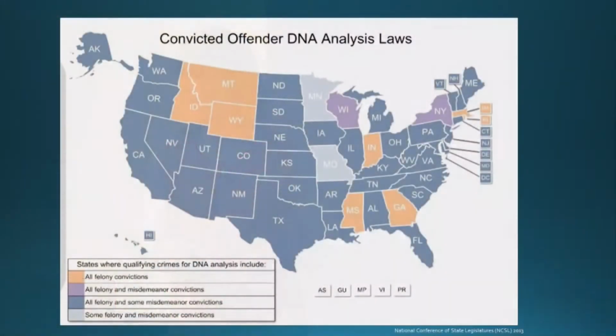This includes felony convictions, but often it includes some misdemeanor convictions or just all convictions in general. So if you think about shoplifting or something that's not some violent crime, and that person has been convicted of that, their DNA is going to be in that CODIS system that Eric was talking about.